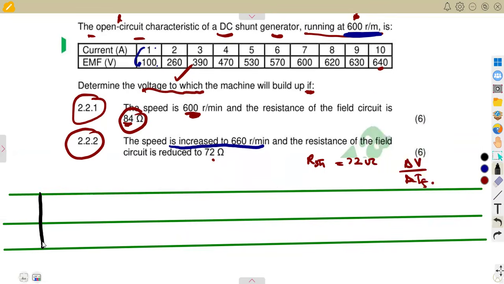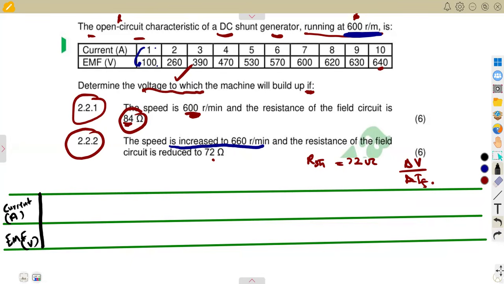I'm just going to have a sketch here. You had the current before, which is your field current. That was our current in amps of field current, and the EMF, which is the voltage that you're given.